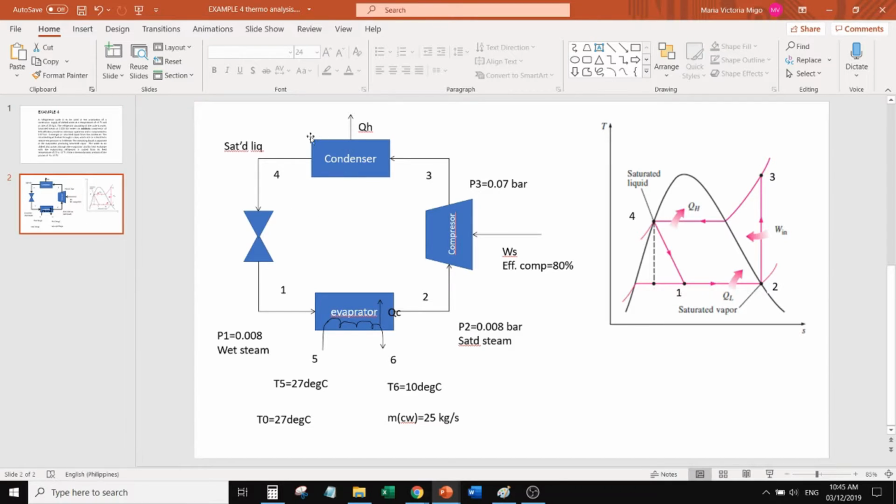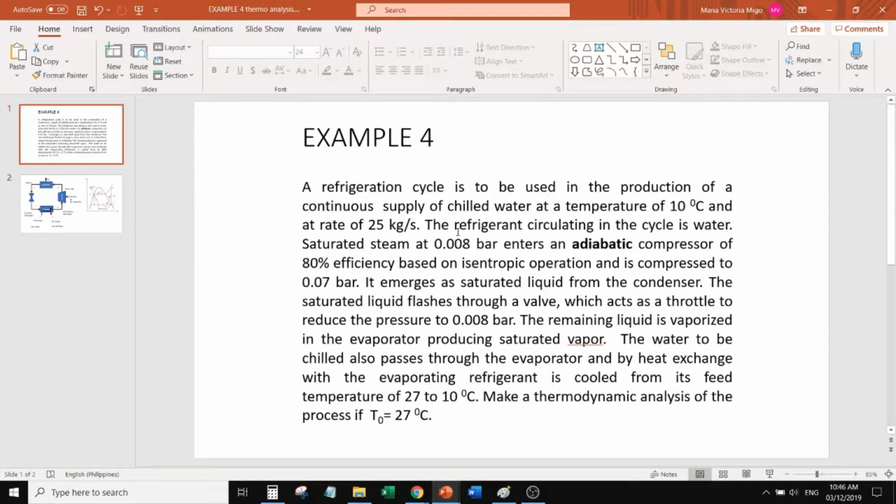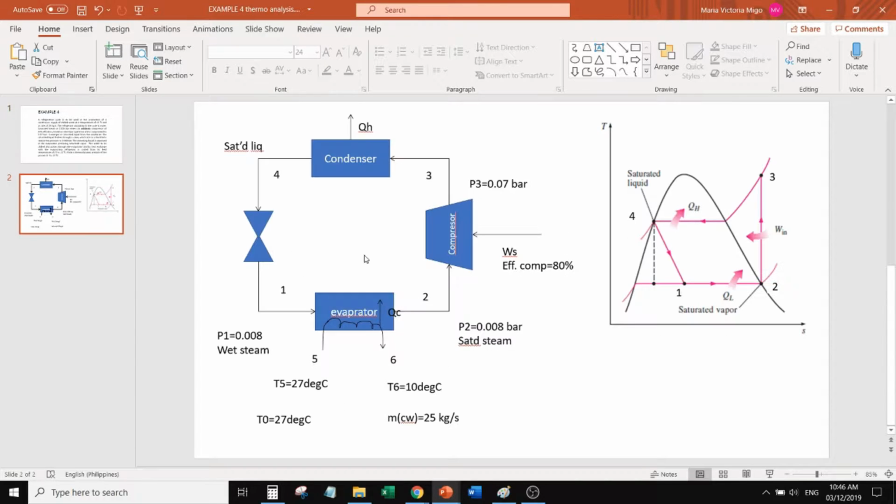So this is the schematic diagram and this is the TS diagram. Let's analyze the process once again. Our refrigerant is water. The first step is, from the problem, it enters an adiabatic compressor. So this is the pressure as it enters the adiabatic compressor.